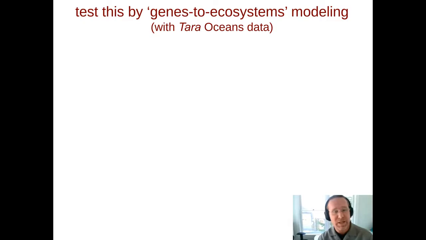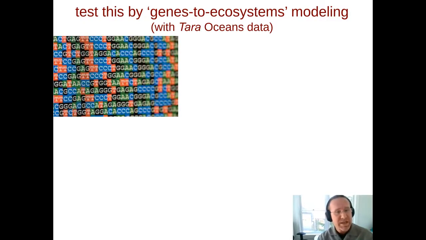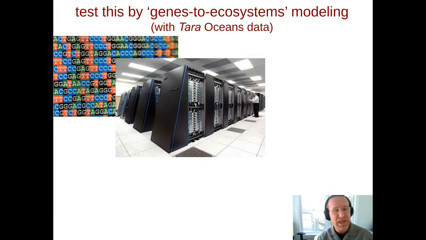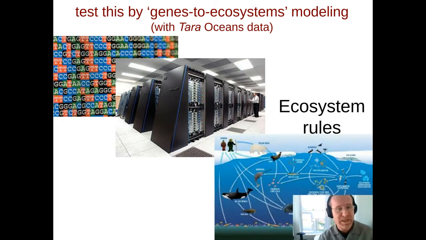We decided to test this with what we call genes to ecosystems modeling. The idea is that you have lots of sequence data telling you what the organisms are and where. You run those through machine learning analytics and ecosystem modeling analytics, and you ask, what is the best prediction for the data observed?